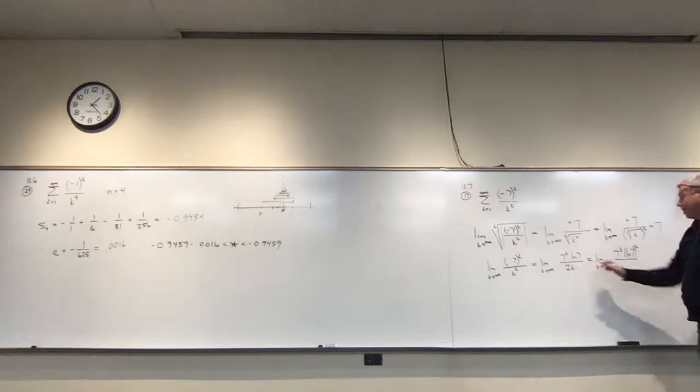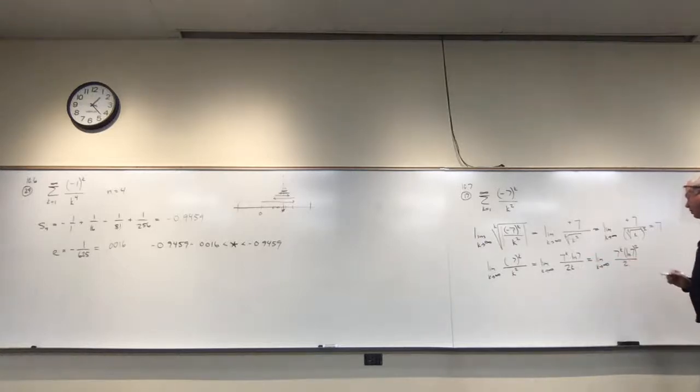The bottom is just 2. And now what do I get if k goes to infinity? Well, 7 to the infinity is still infinity, and everything else is just a constant, so I get infinity. And infinity is notably not 0, right? So this thing clearly diverges.